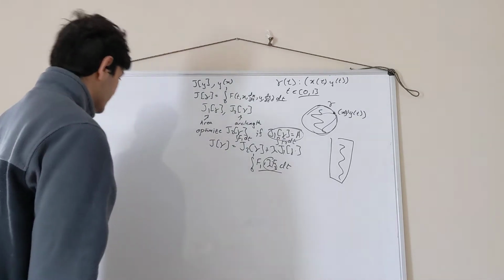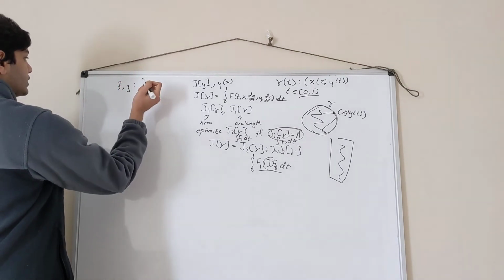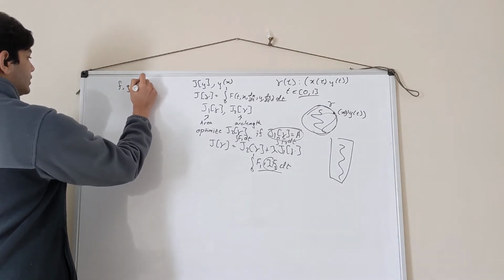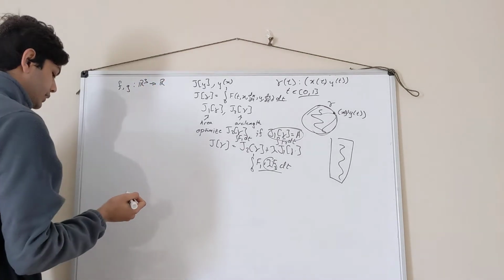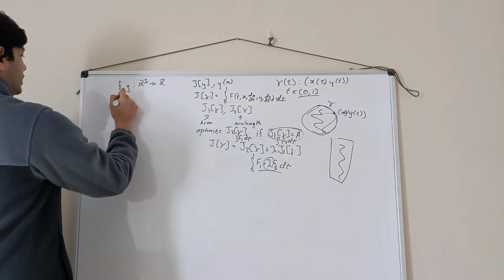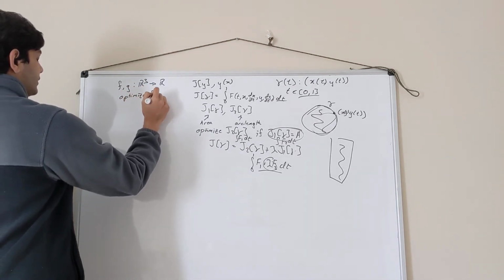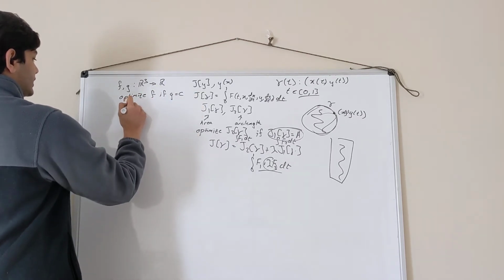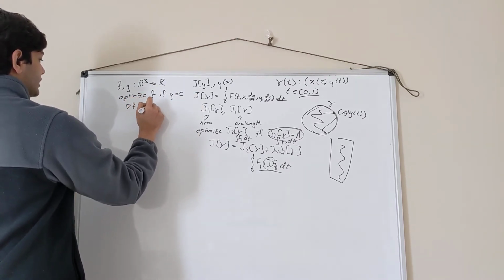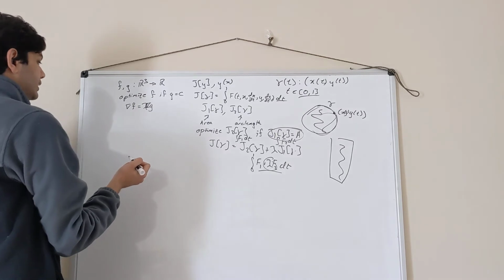The way that works is that if you have two functions f and g, which go from three-dimensional space to the real numbers, then if you want to optimize f if g is equal to some constant, you set the gradient of f equal to lambda times the gradient of g.